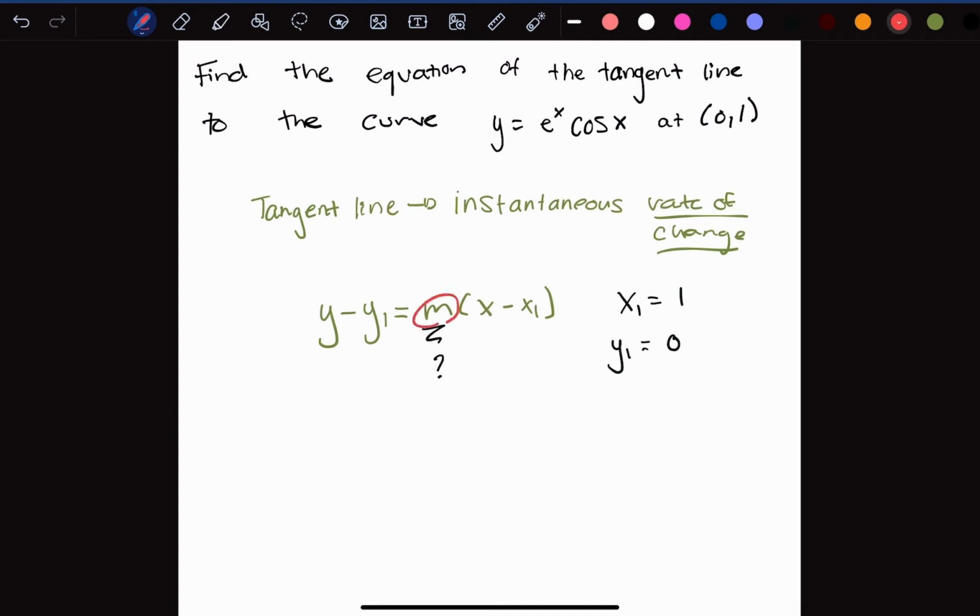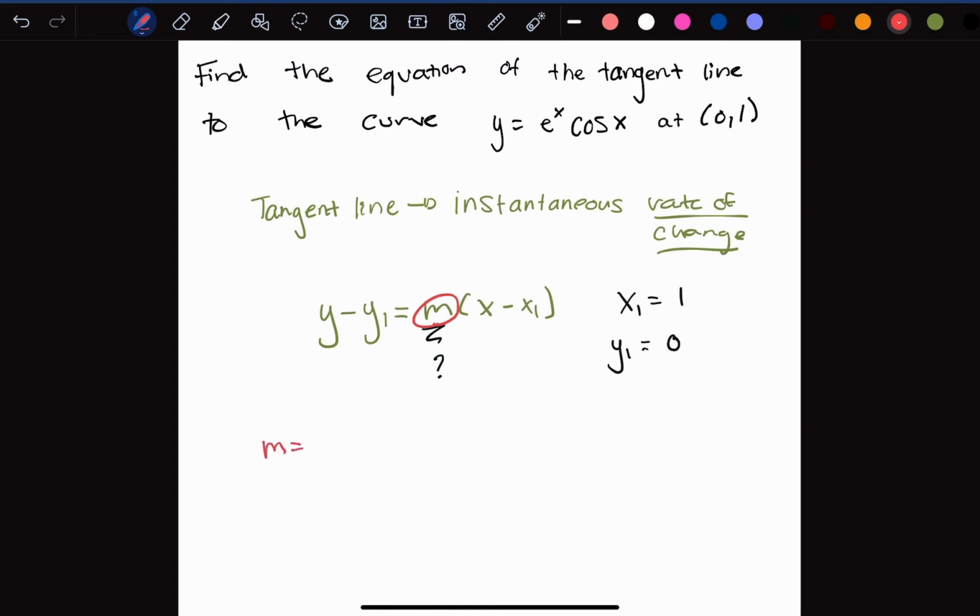Our m is represented by the derivative of our equation that we're given, and what the derivative is, it's the instantaneous rate of change. So that's going to be the slope of our tangent line. So when we're finding the equation of our tangent line, our slope is going to be our derivative.